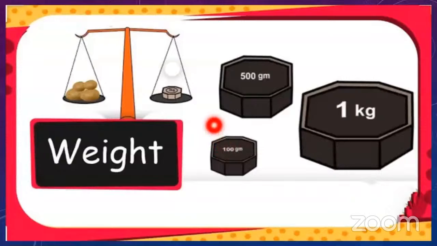Now look here, this is the balance scale, and in one pan there are potatoes and in the other pan there is one weight. Here 500 gram, 100 gram, 1 kg.